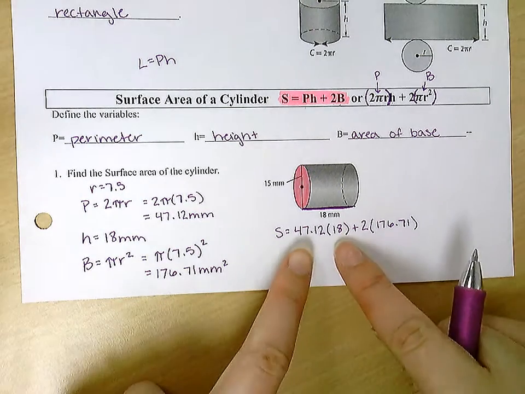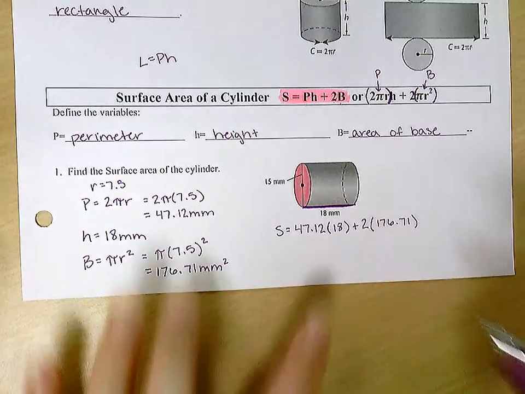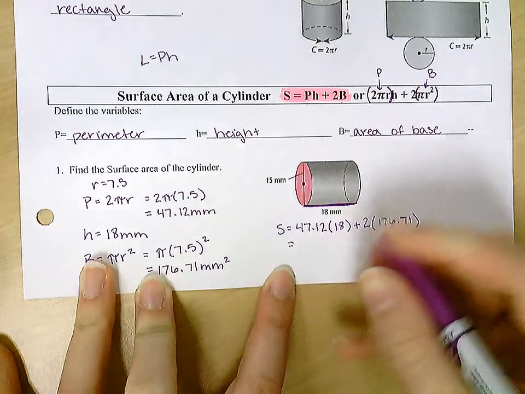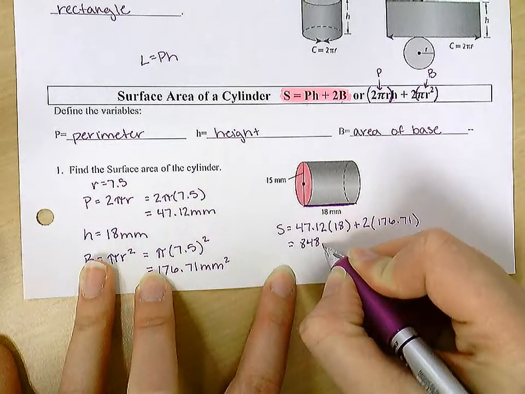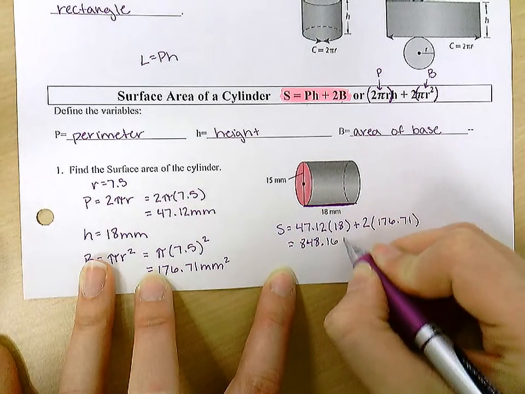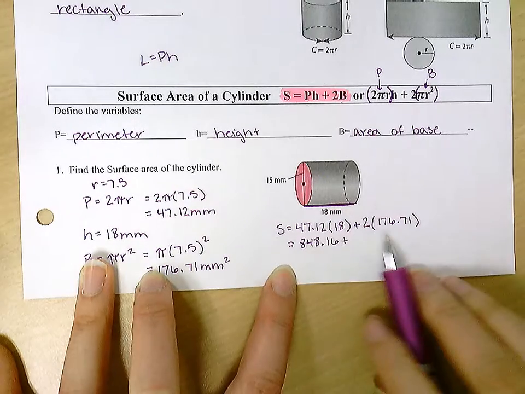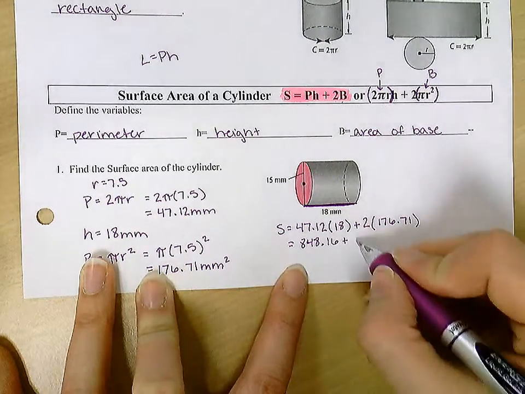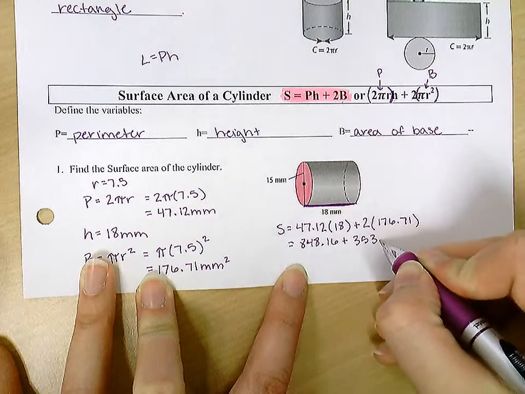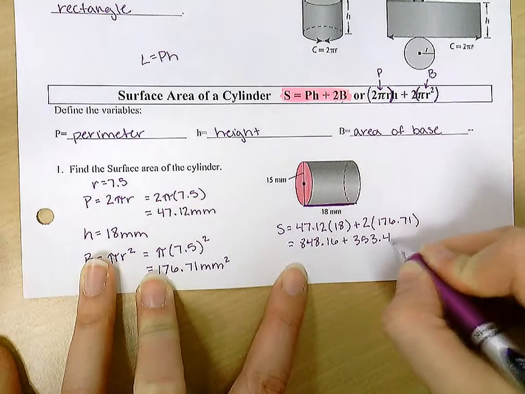I multiplied 47.12 times 18 first to get 848.16, plus 2 times 176.71, which is 353.42.